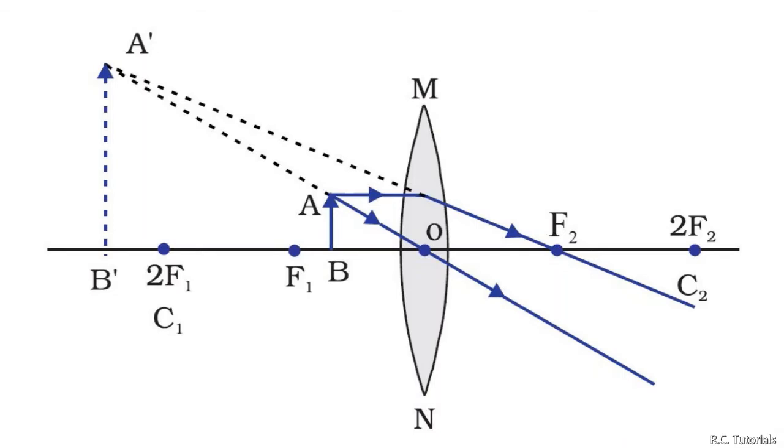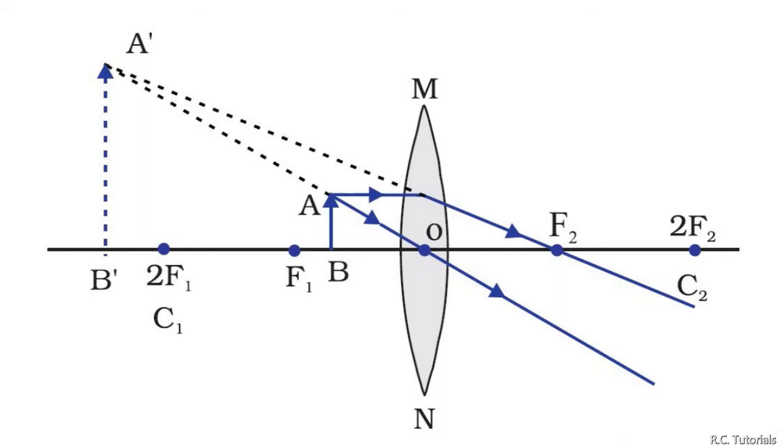In this figure, it can be seen that the two rays go gradually away from each other. So, it is impossible to meet the two lines on the other side of the lens.